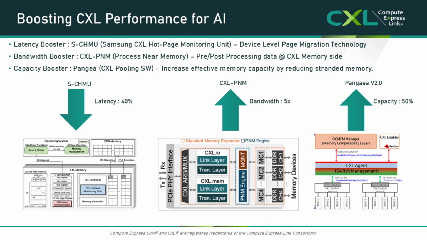By using this orchestration layer, we have improved the effective memory capacity by approximately 50%. This allows data centers to do much more work with the hardware they already have. Okay, that was my introduction for today's webinar. So from now on, we will explain the details of each technology.